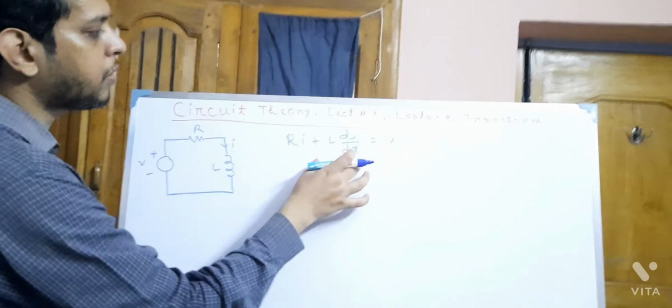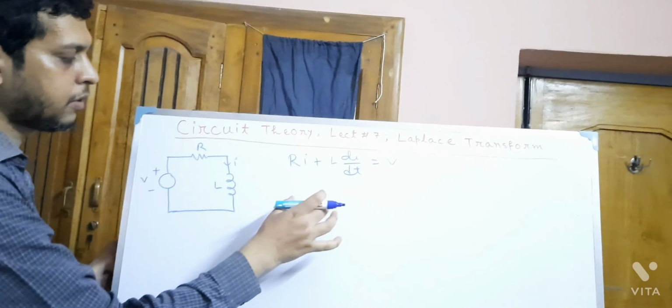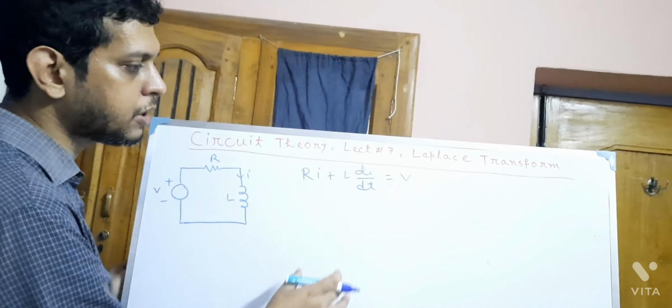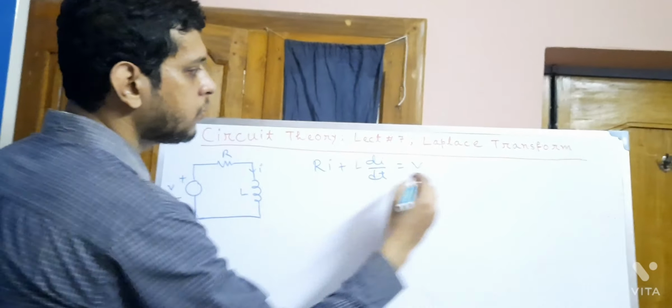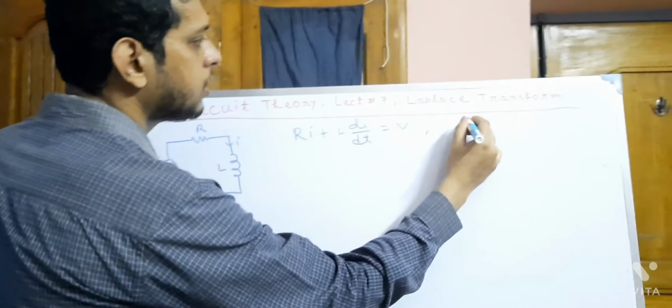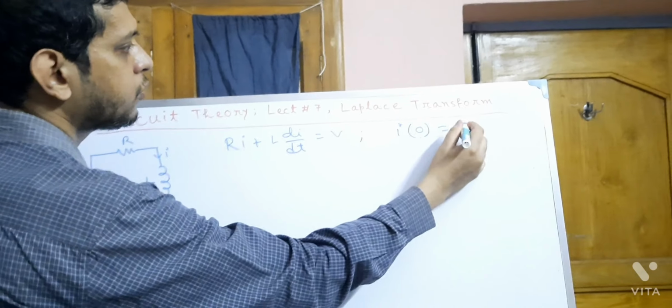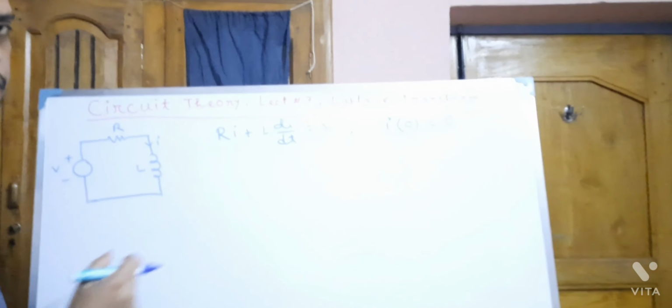We have to convert it into the equivalent algebraic equation and solve. Now let us assume the initial current through the inductor is equal to 0.